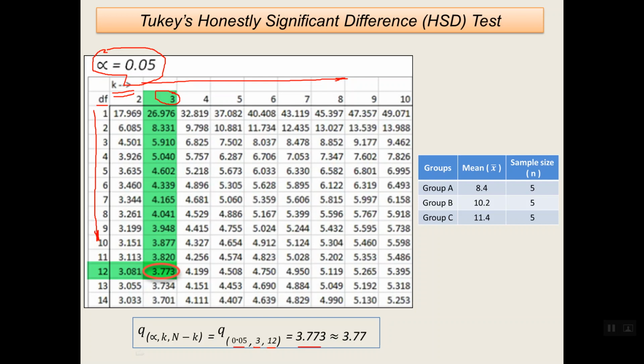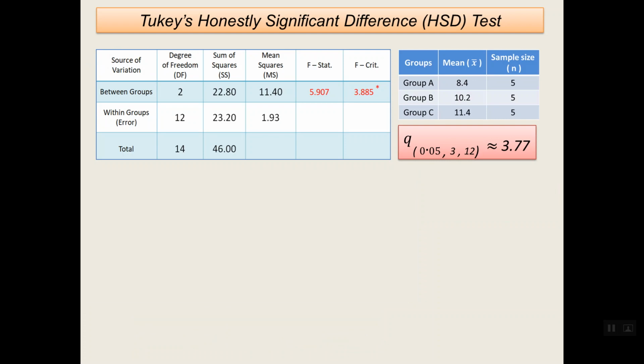It's equal to 3.773. And by rounding this value into 2 digits, we get the value of Q to be 3.77. So we have got the value of Q.